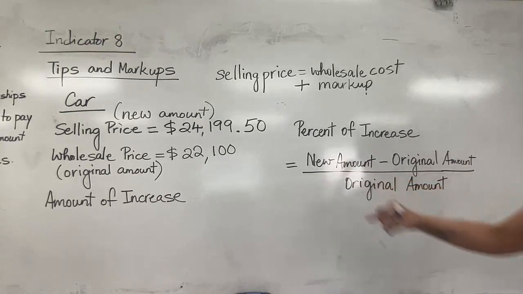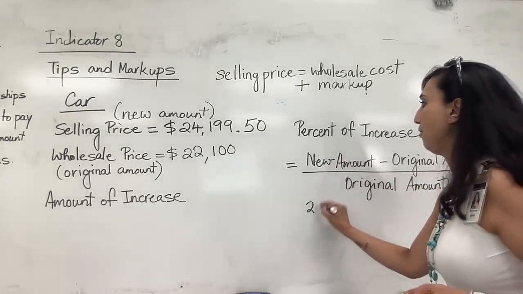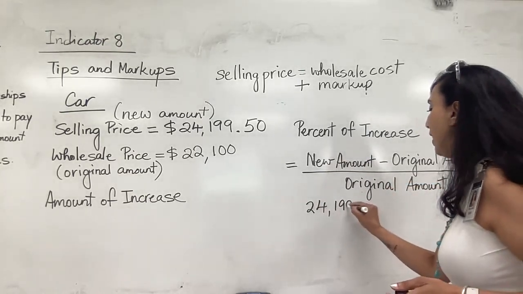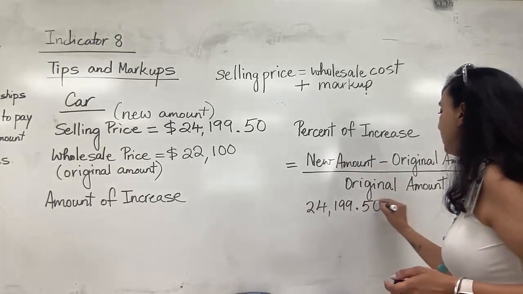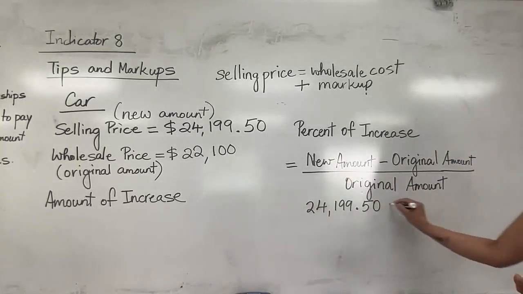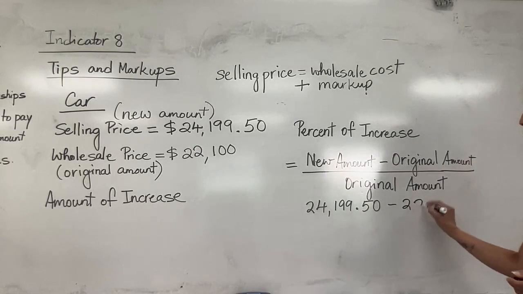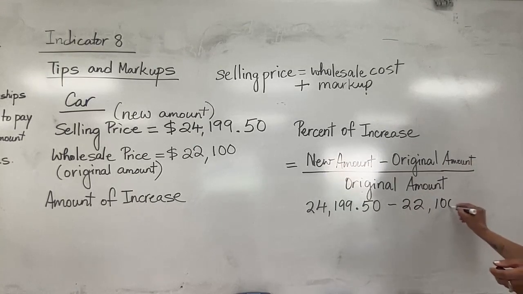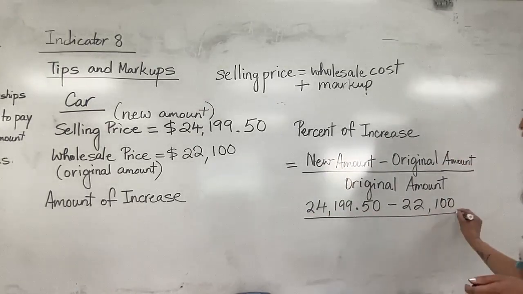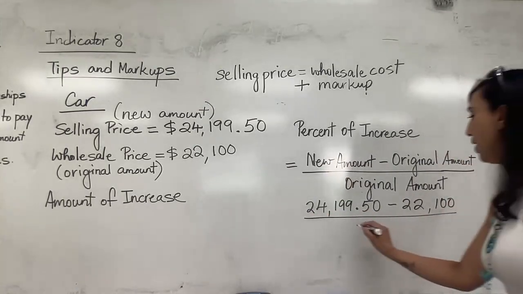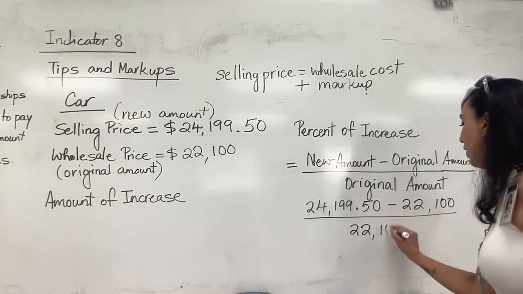So what's my new amount? My new amount is 24,199 and 50 cents, minus my original amount, which was 22,100, and my original amount, which is my whole, is 22,100.